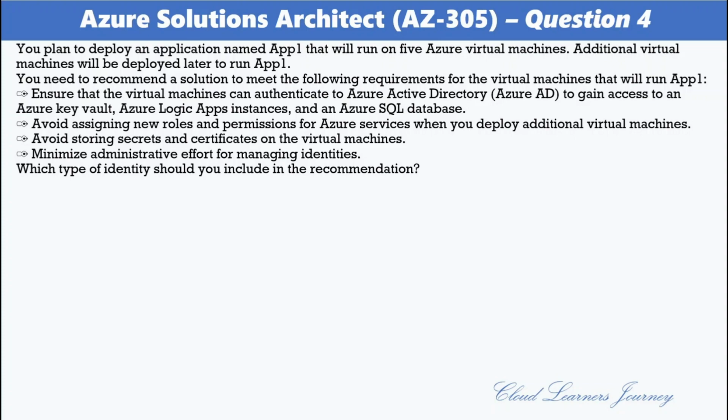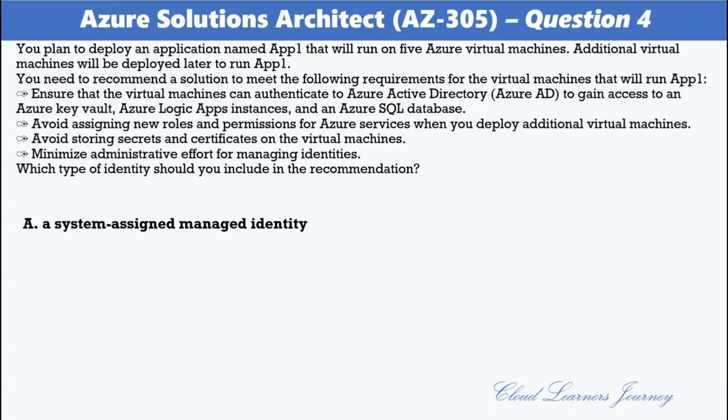Second requirement, avoid assigning new roles and permissions for Azure services when you deploy additional virtual machines. Third requirement, avoid storing secrets and certificates on the virtual machines. Fourth requirement, minimize administrative effort for managing identities.